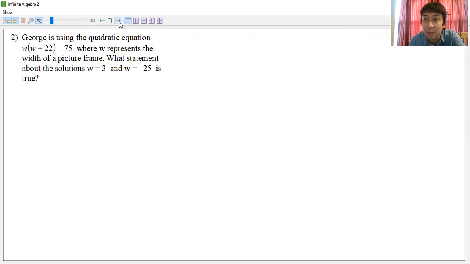Okay, what statement about the solutions? First we can check the solutions if they are the right solutions. So we can make use of the given equation. The given equation there is W times W plus 22 equals 75.